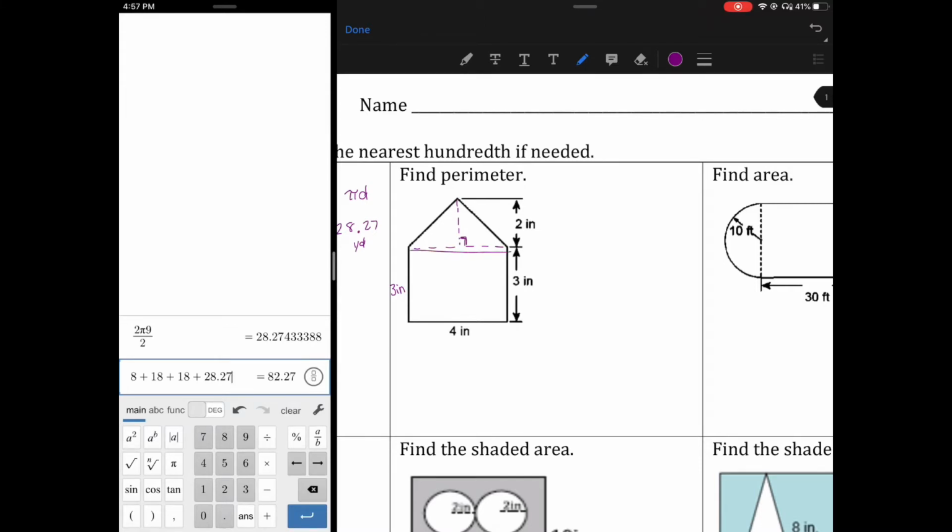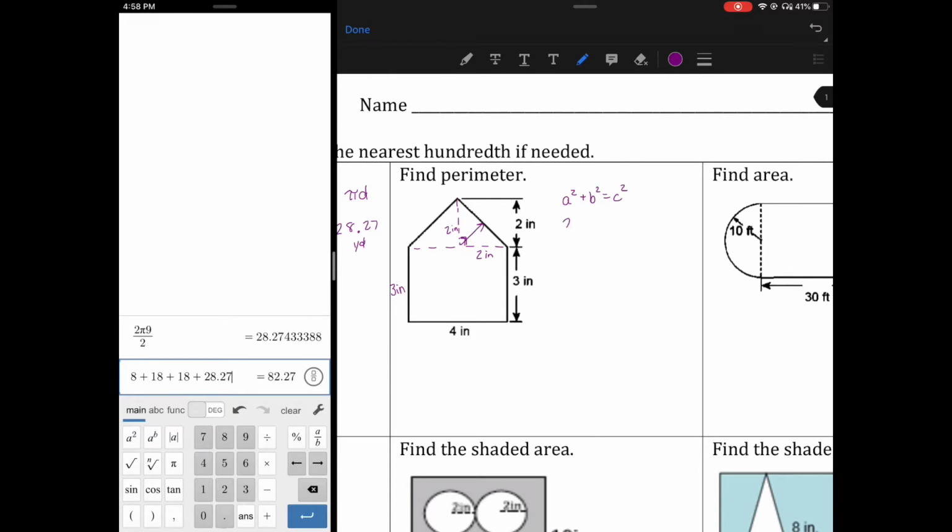If this entire side is 4 inches, then half of that is going to be 2 inches, and then I'm told that my height is 2. And I'm just going to write that on the inside of the triangle as well. And then I can use the Pythagorean theorem. So the Pythagorean theorem says that a squared plus b squared is equal to c squared. So my c is the side across from my right angle, which is the side that I have to solve for.